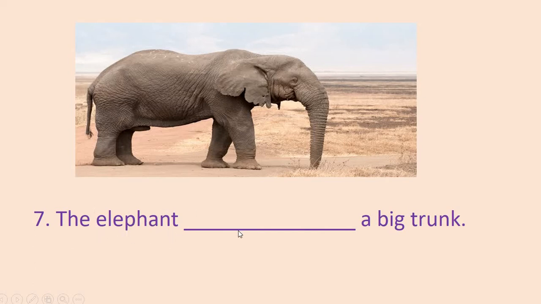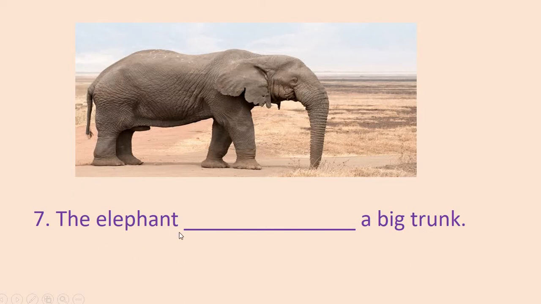So, what will come here? The elephant has or have. You have to use here. A big. B-I-G. Big trunk. T-R-U-N-K. Trunk. See, can you see this trunk? The elephant dash a big trunk.